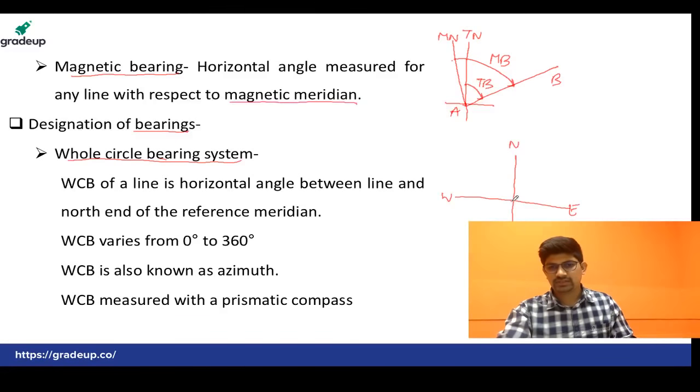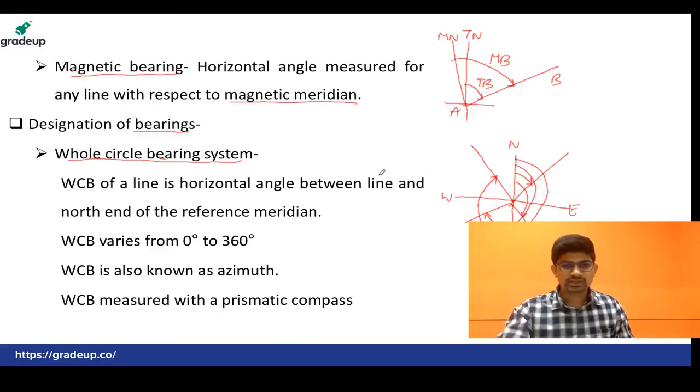If this is the line, this is the bearing. If this is the line, then this is the bearing. If this is the line, now in whole circle bearing, this will be the bearing, and if this is the line, then this will be the bearing.